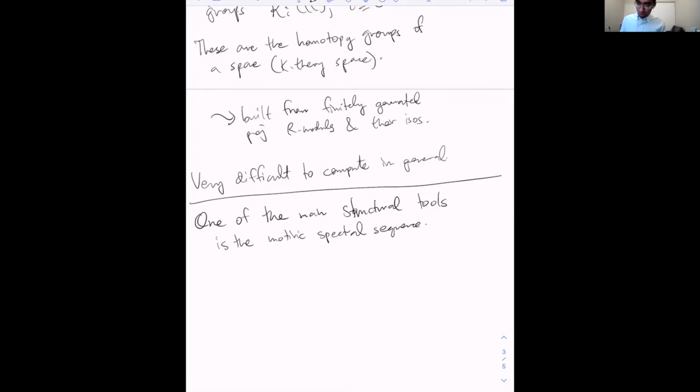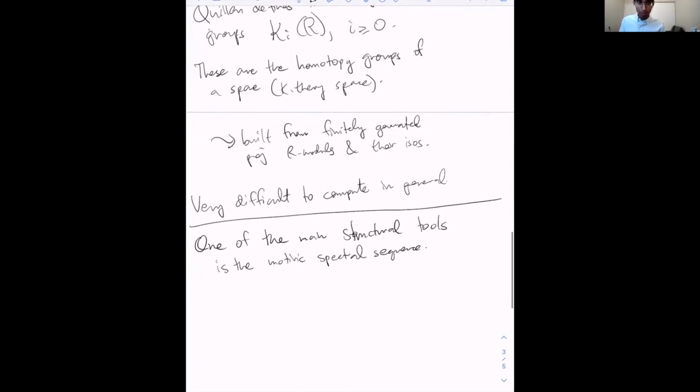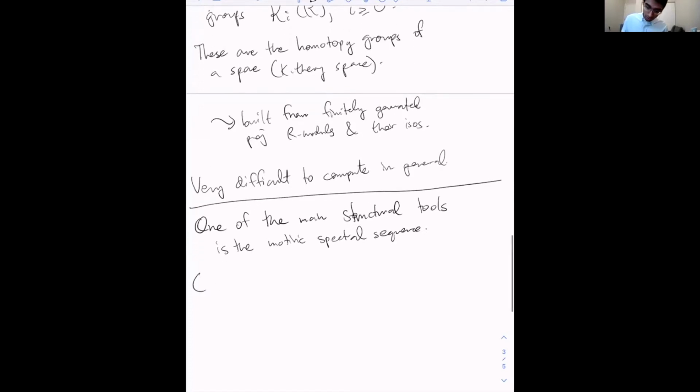The Motivic spectral sequence is a tool that is again motivated by something in algebraic topology. This is an analog of the Atiyah-Hirzebruch spectral sequence in algebraic topology for topological K-theory.